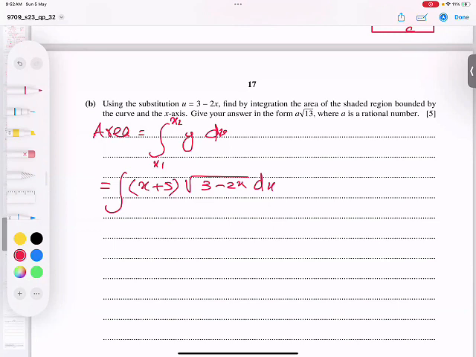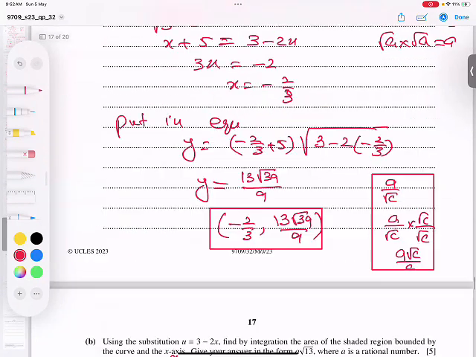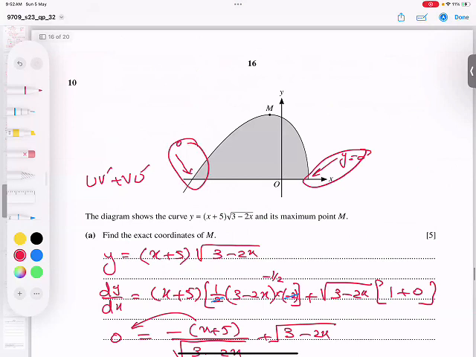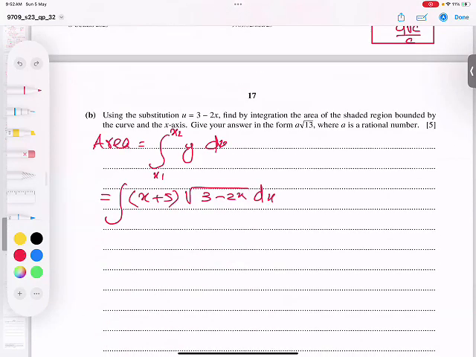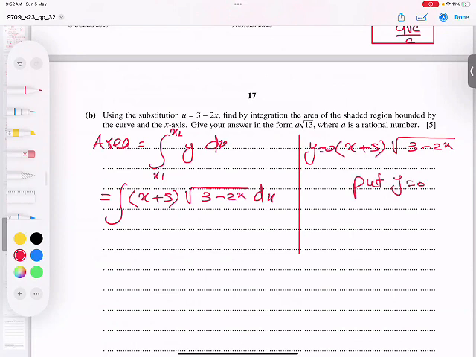Now the thing is, what are our limits? The limits are very clear here: y is 0. I will plug in y equals 0 here. So 1 times this is 0, and 3 minus 2x root is equal to 0.